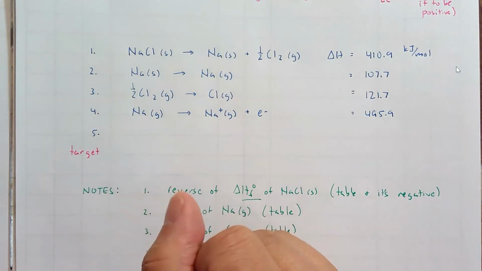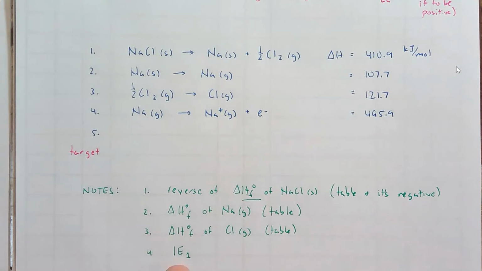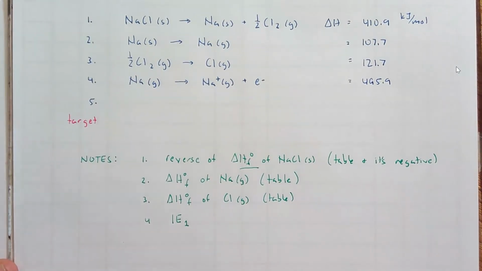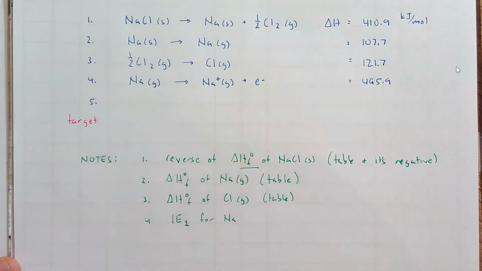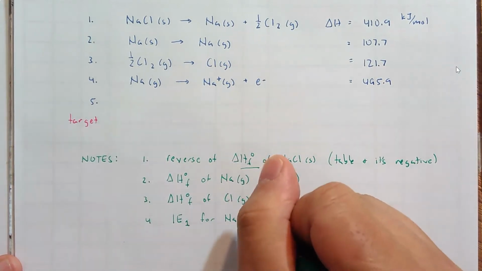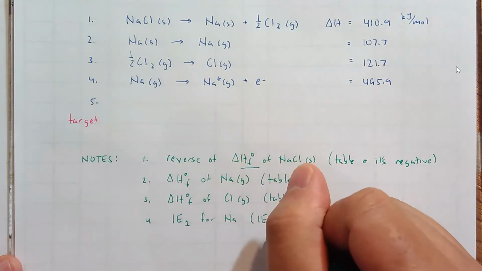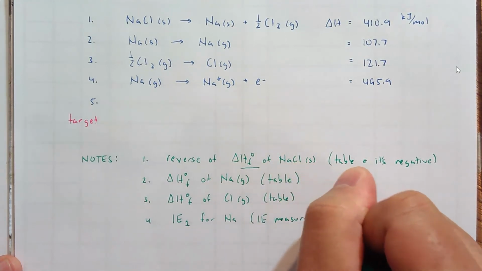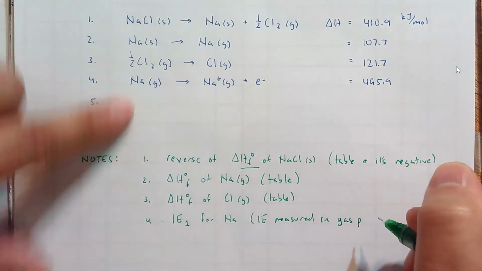Maybe you'll recognize this. This will jog your memory. IE1, the first ionization energy, and this is for Na. And again, remember that ionization energies are measured in the gas phase. So this is perfect.